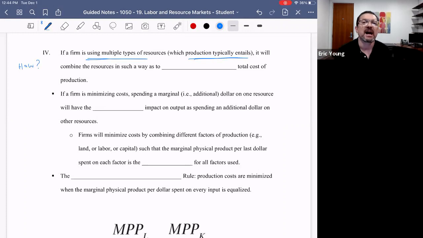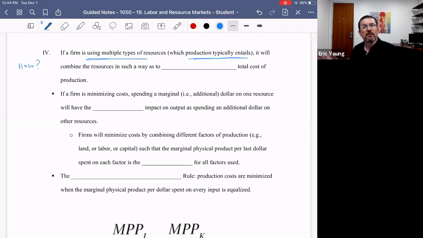The idea behind the how to make it question was that firms can produce goods in lots of different ways, which basically means that they can choose different ways to take land and labor and capital and combine them. Some processes are very human focused with lots and lots of labor and minimal machinery.